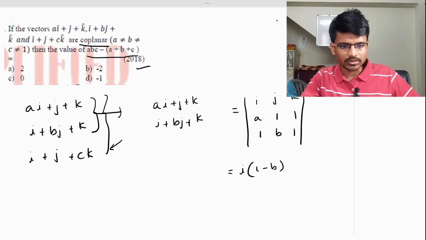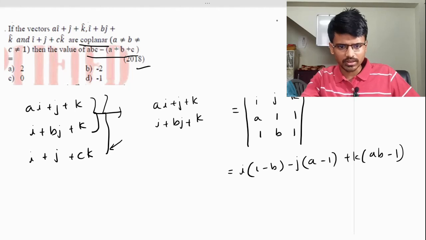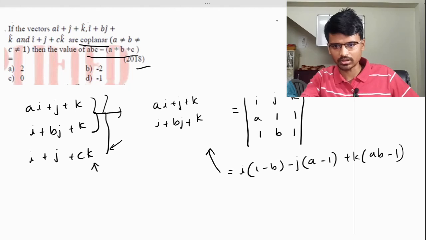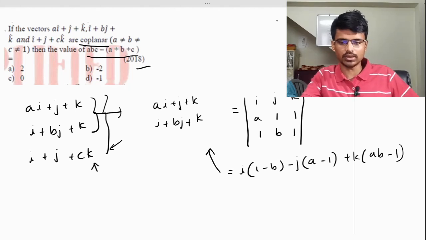i times (1 minus b), minus j times (a minus 1), plus k times (ab minus 1). So now this vector is perpendicular to all the three vectors. Let me take the dot product with the third vector, so that I get a relation between a, b, c.